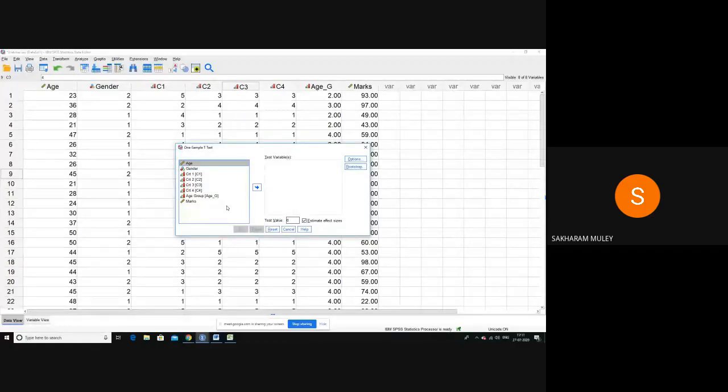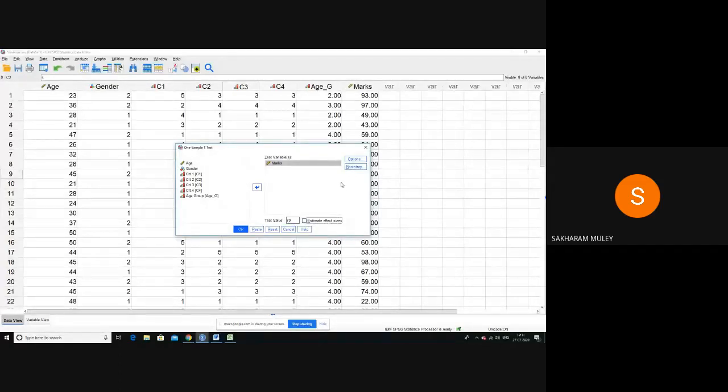I think someone must have discussed one-tailed and two-tailed hypotheses. Mostly today I am going to consider the two-tailed hypothesis. Let us say the test value is 70. I will not talk about effect size right now.